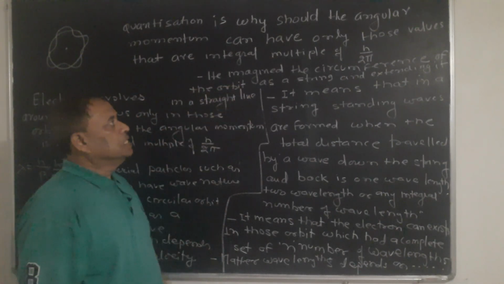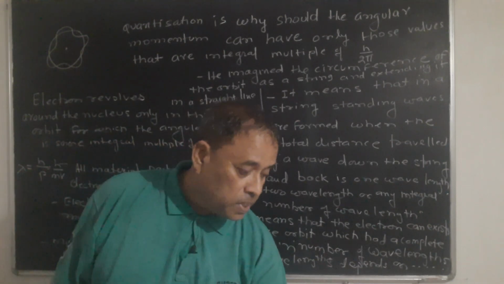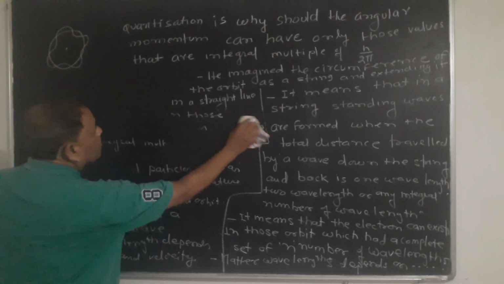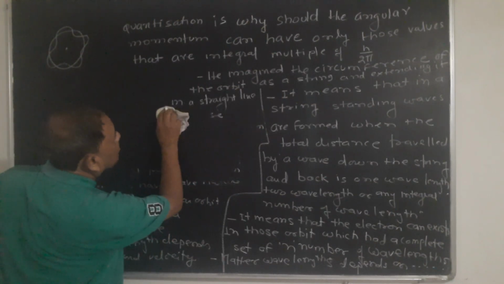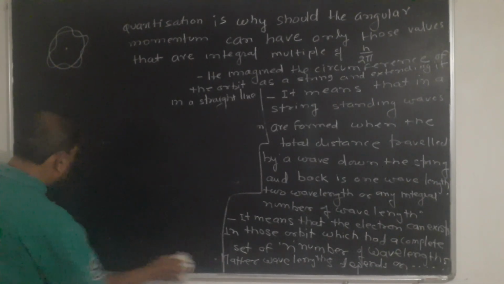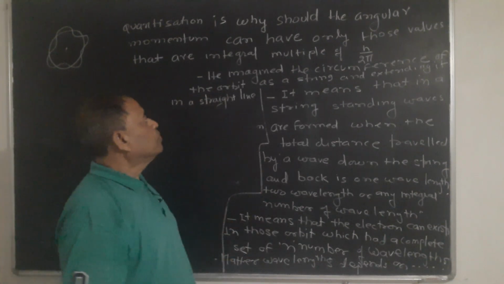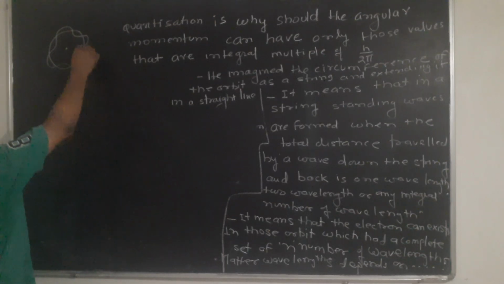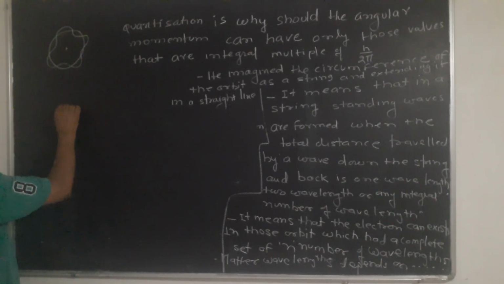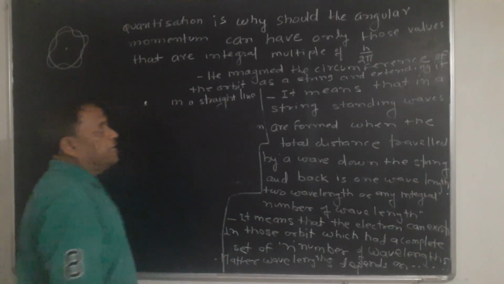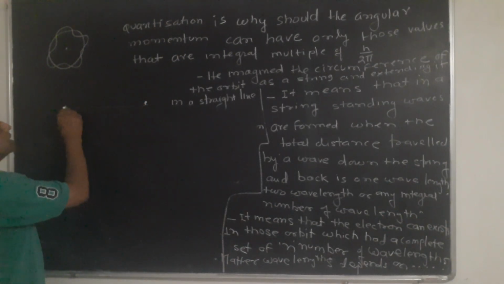De Broglie imagined the circumference as a string, extended in a straight line.